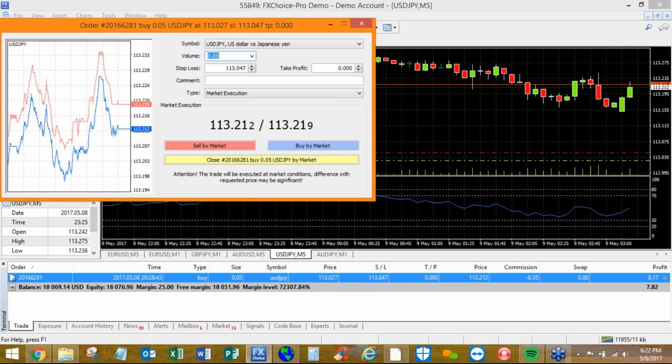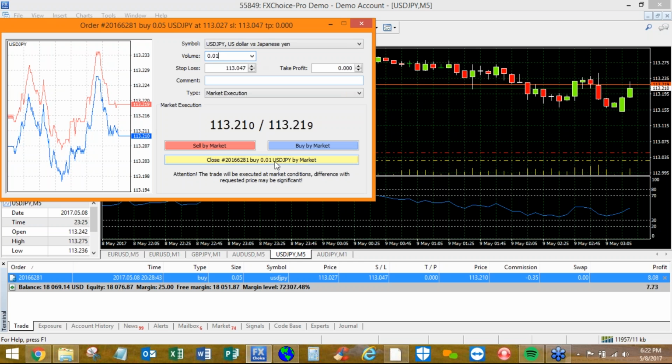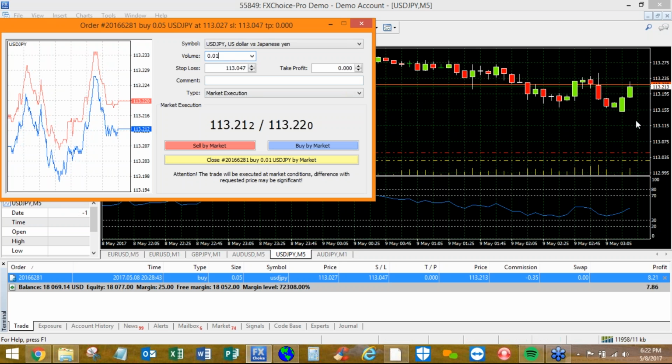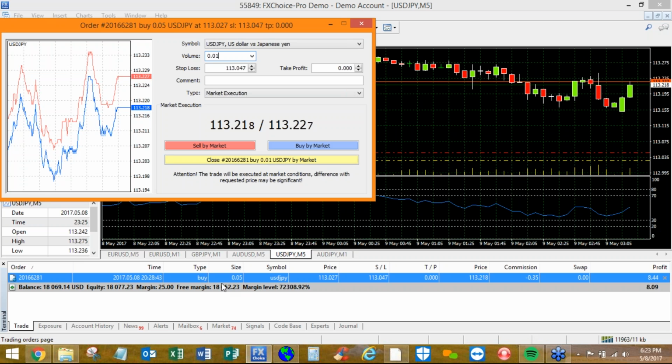I don't know if it'll let me close anything smaller than this, but let's attempt it, 0.01, and it does. Right here, I can now close out 1/5 of this trade, being that it's positive, so I'll make about $1 or so on this closing. Then you can close that, and if you notice right down here, we're at 0.05.